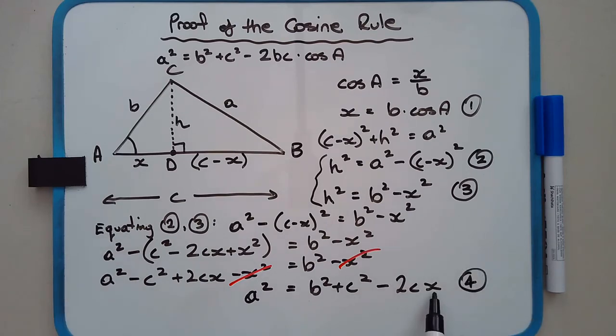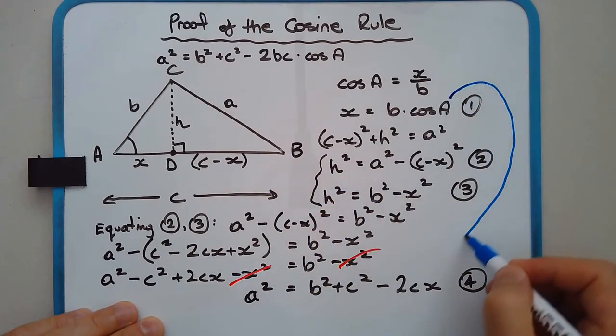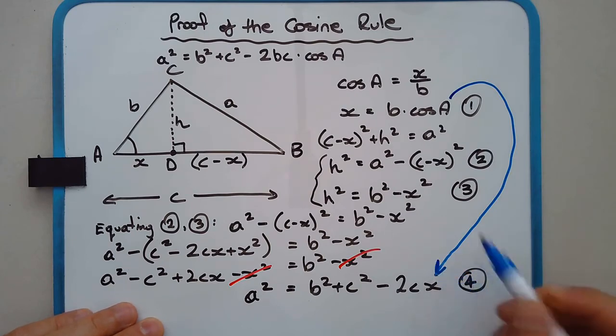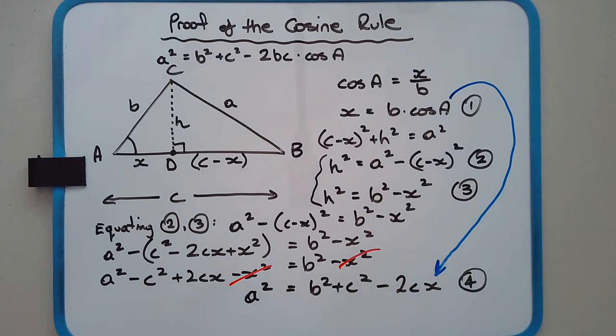But what do we know about x? The x comes from here. So the right-hand side of equation 1 is going to be substituted in for x.